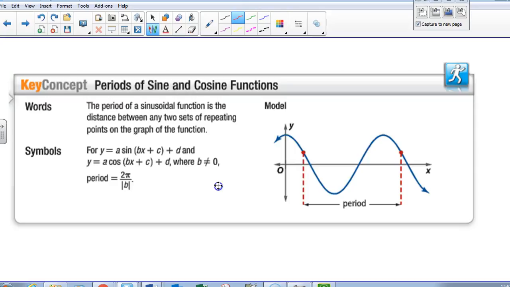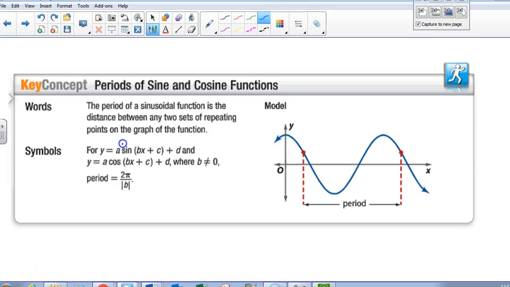All right. The period is the distance it takes to complete one cycle. So you could measure that from max to max, or min to min, or intercept to intercept as long as it's completed one full cycle, done the down and the up part.